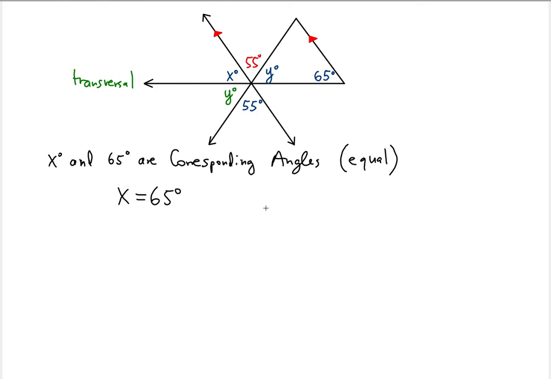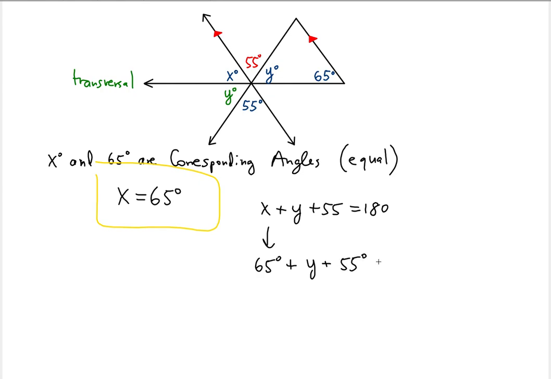So let's just write the equation. x plus y plus 55 is equal to 180. We know that the x value is 65, right? We just found that. So we can substitute this in and write 65 plus y plus 55, and I'm just writing degrees, it's the same thing, is equal to 180 degrees.